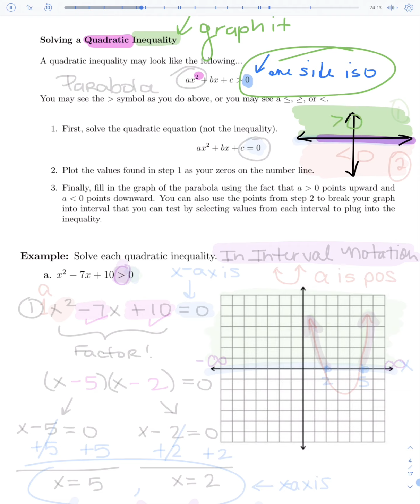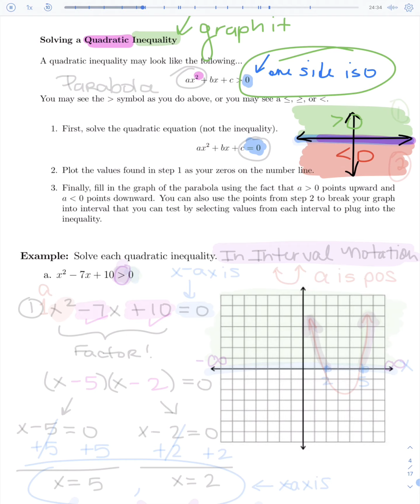Anything below the x-axis, anything that's negative, is less than 0. And when you're equal to 0, that's when you land right on the x-axis.